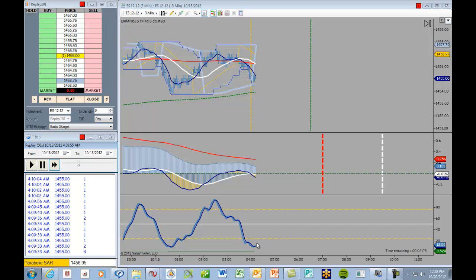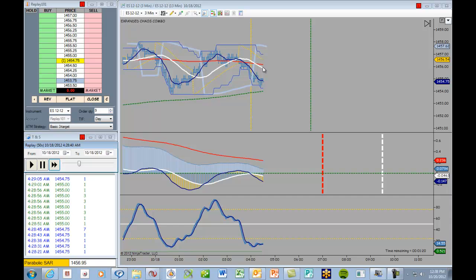Now the stochastic is already fairly oversold, so going further down would be a little risky perhaps, although there is room before it's going to hit support. But I think we can get a fresher trade if we just wait.